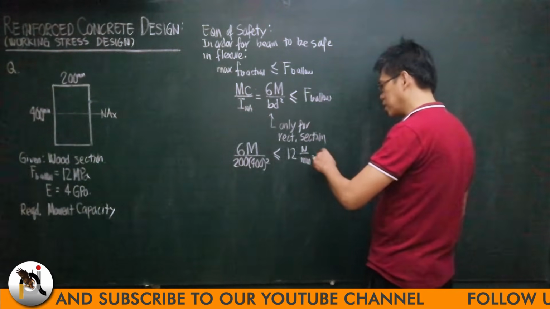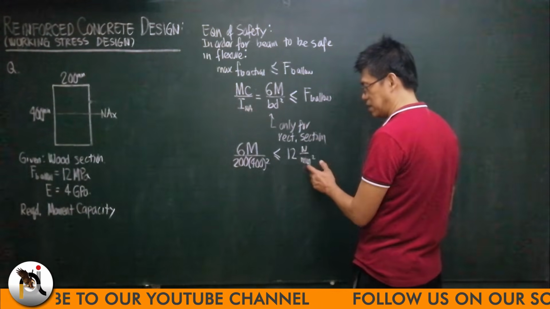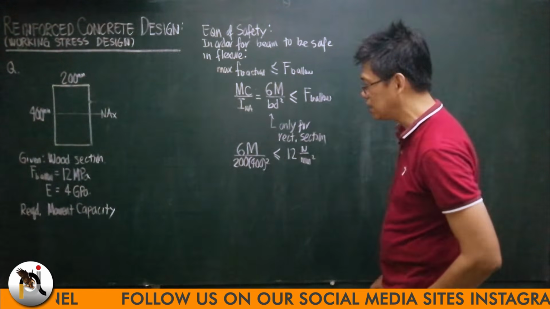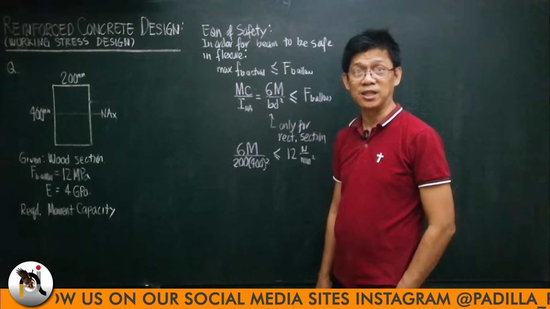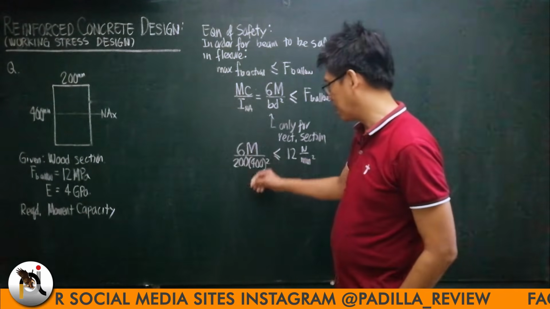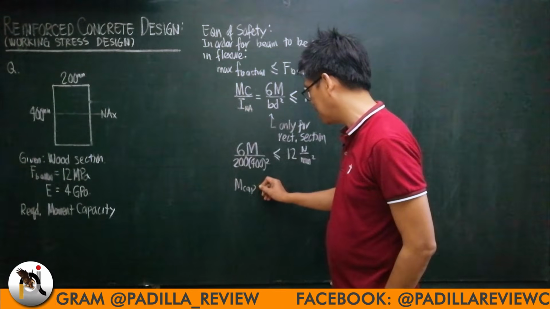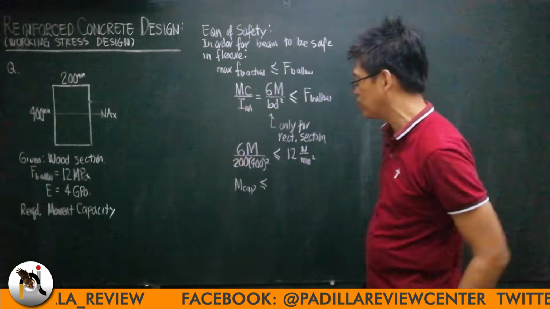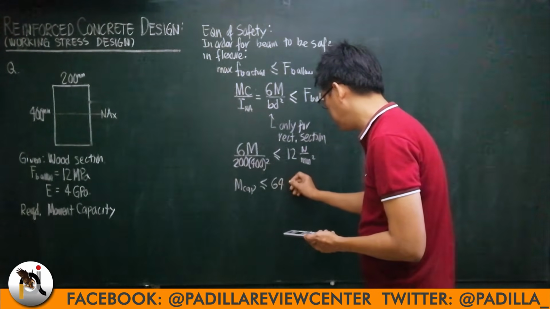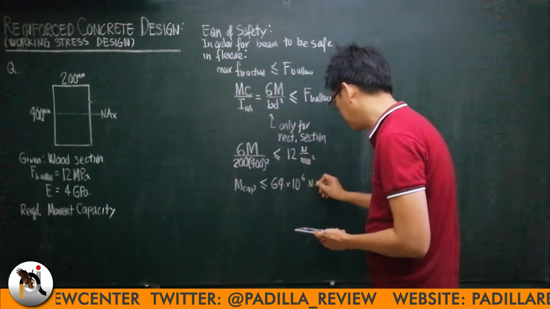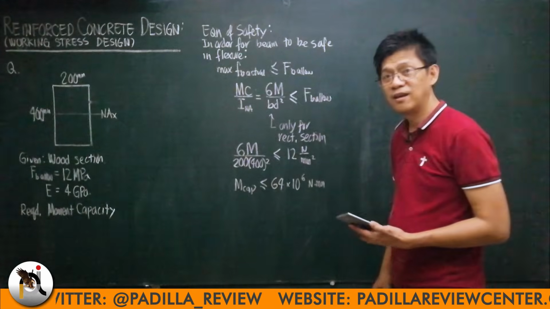Since I am using here Newton and millimeter, your M here is to be expected in Newton millimeter. So solving for our moment capacity, the moment capacity must be less than or equal to 64 times 10 to the 6 Newton millimeter.